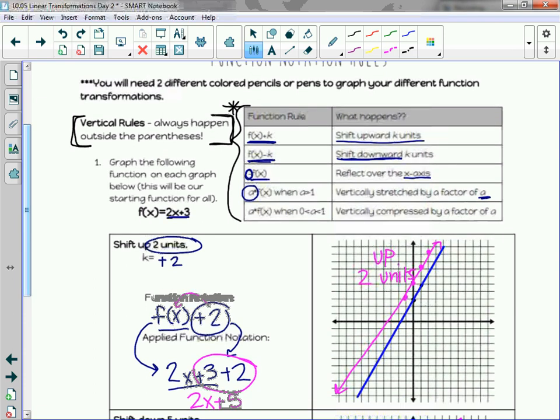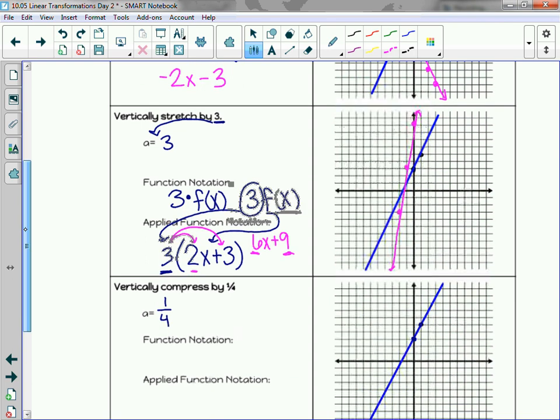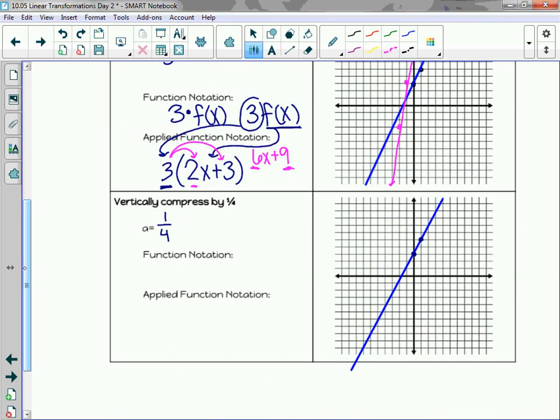Vertically compressed by a factor of a, when a is between 0 and 1, we're doing the exact same thing. We're multiplying it by our function. So my a is 1/4, and my function notation is 1/4 times f of x, or just 1/4 f of x.